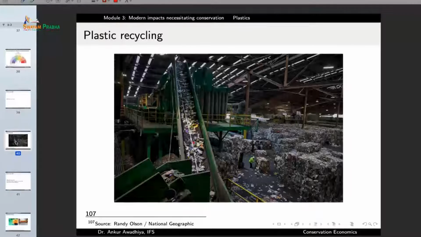are very important. But then, if you want people to go for reduction, reuse, or recycling, what needs to be done? As we have seen in the principles of economics, incentives need to be provided. You need to induce people so that they shift away from plastics and they reduce, reuse, and recycle plastics as much as possible.